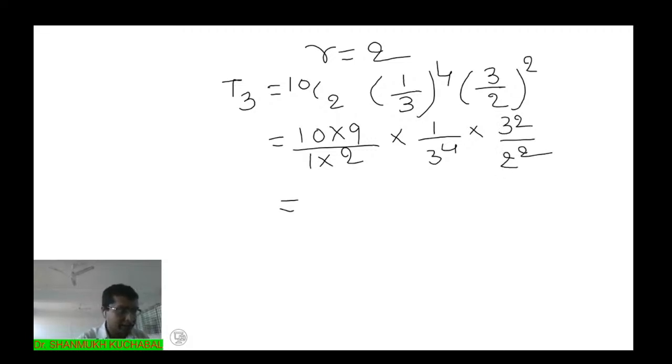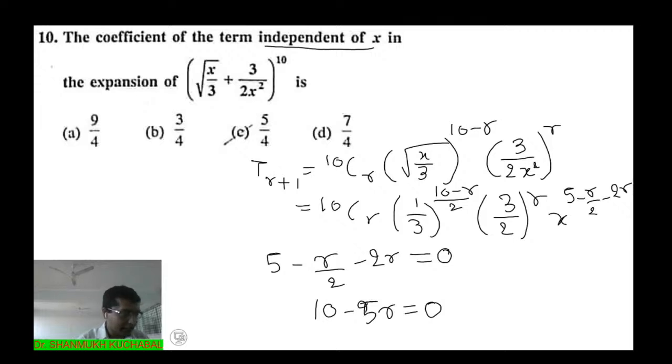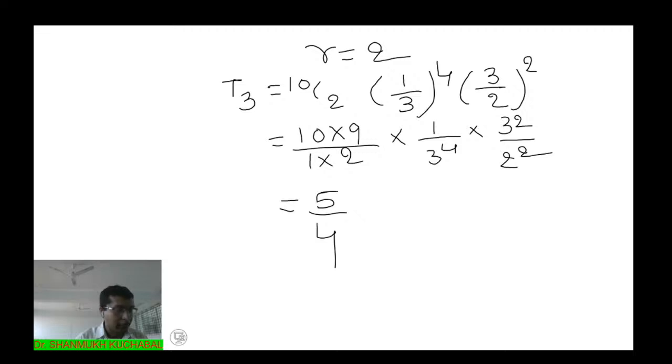If you simplify this, we get 5 by 4 as the answer. So the right answer is 5 by 4. Option C is the right answer. So here in this example it is mentioned independent of x, so I have equated to 0. See, depending on the power of x, we have to equate and find the coefficient of a particular term, x or x square, that we have to calculate.